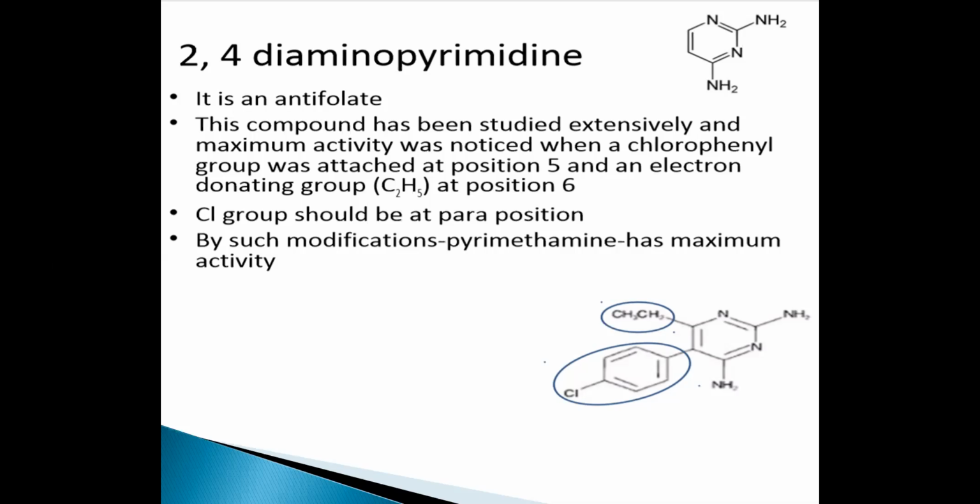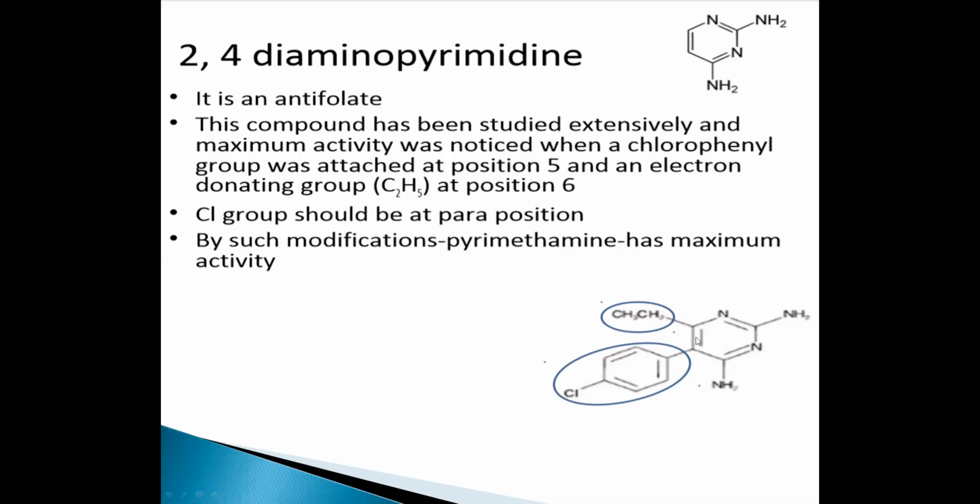These compounds have been extensively studied and maximum activity is noted when there is a chlorophenyl substitution at the 5th position. So at the 1st position nitrogen, 2nd amino, 3rd nitrogen and 4th amino.